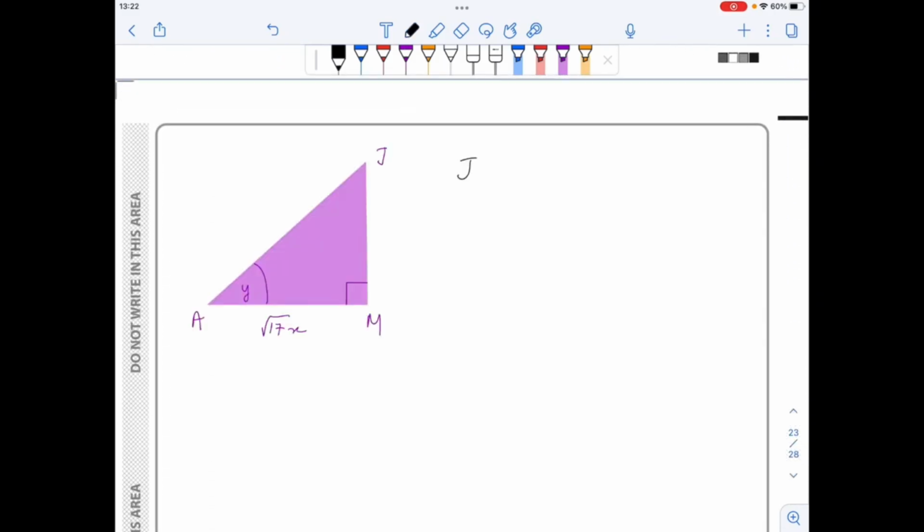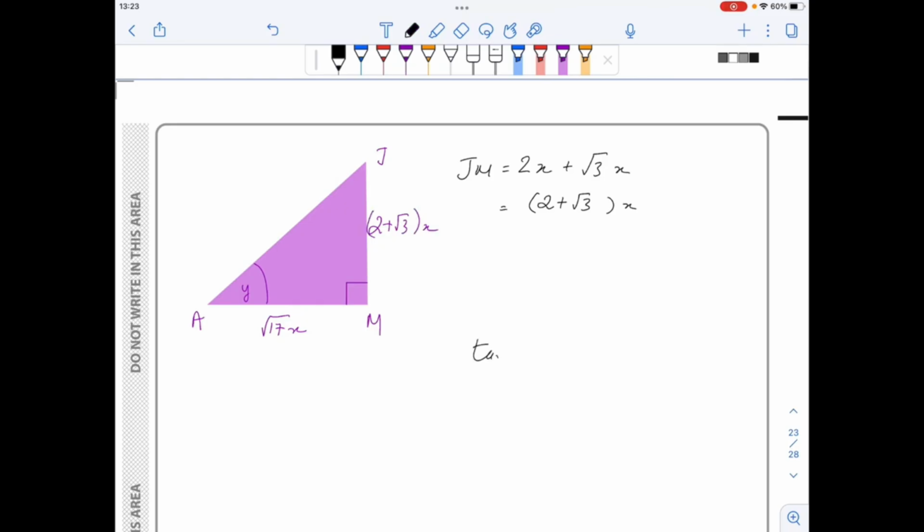As mentioned before, JM is equal to 2x plus square root of 3x. If I take x as a common factor, I will get 2 plus square root of 3, and that's the height of this triangle.